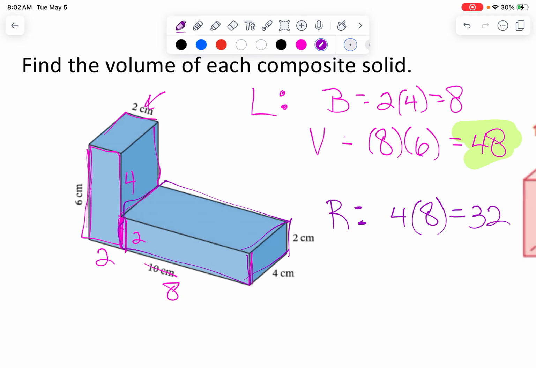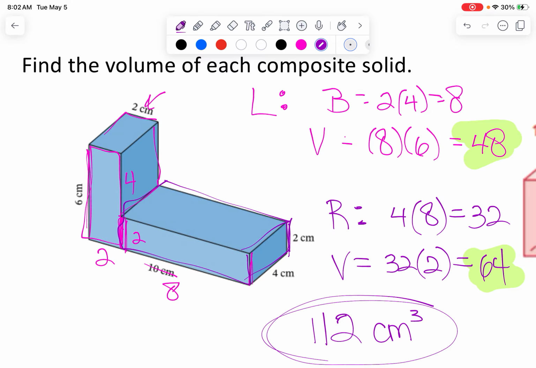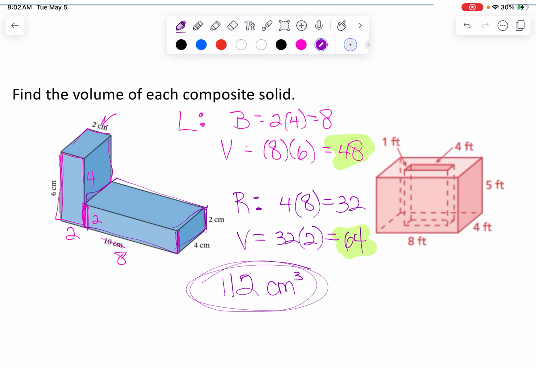The volume is going to be 32 times the height of that, which is 2, so 64. Okay, so that is the other piece. Now, if I add those two together, that gives me 112 cubic centimeters. That is my answer for that composite solid.